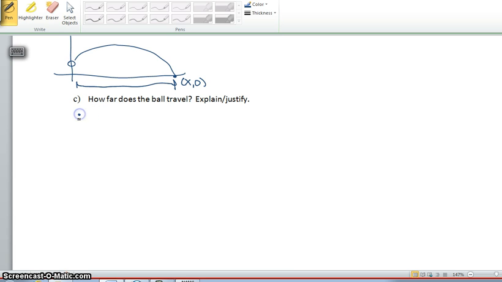So one thing that we want to note, well, we want to look at the horizontal direction. So what we want to do is we want to find this x value on the graph.